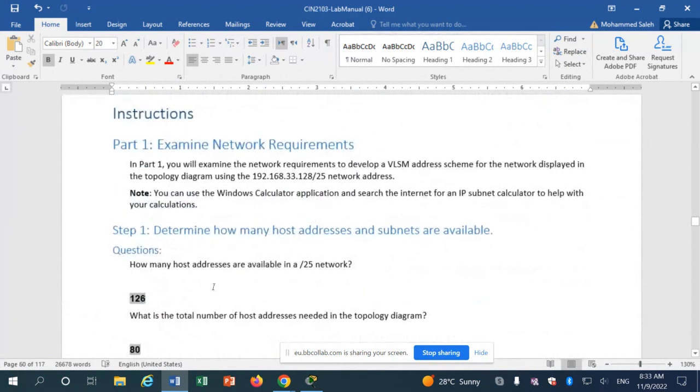First, let us look at the network requirements. How many host addresses are available on a /25 network? What is the equation to find that? It is 2 to the power of the number of host bits minus 2, correct?